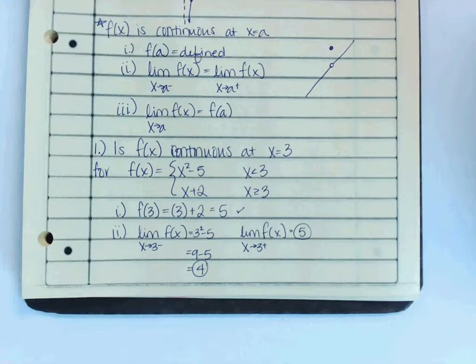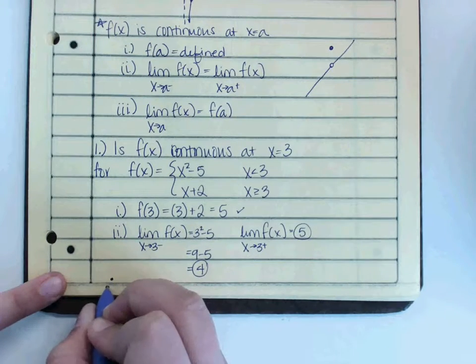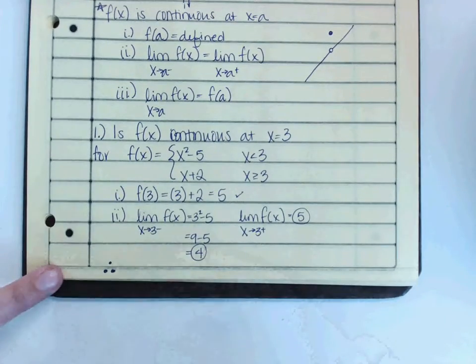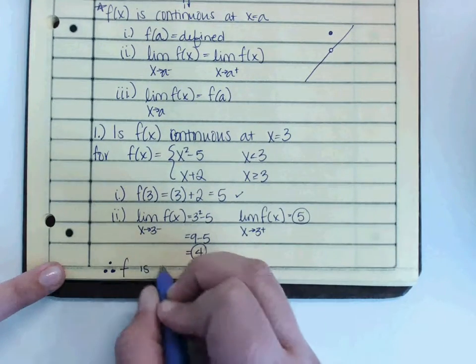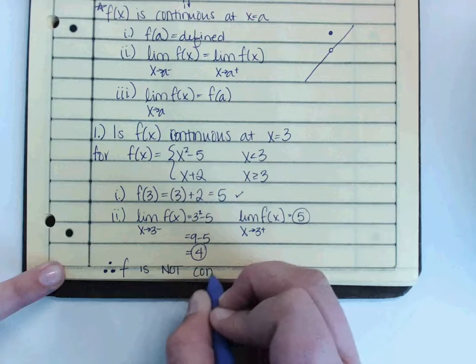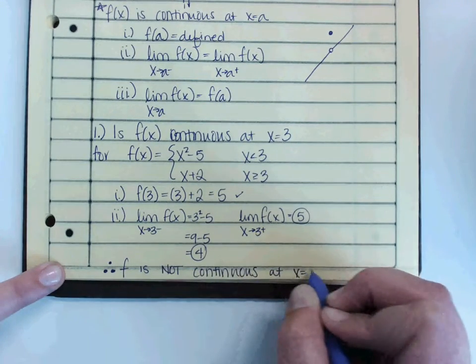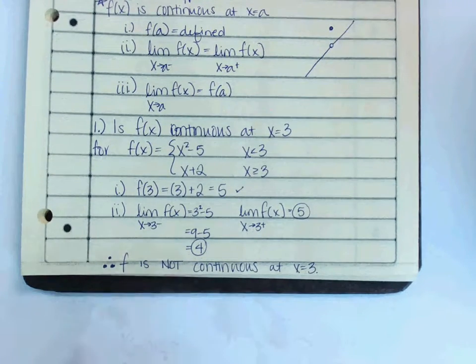Therefore, f is not continuous at x equals 3. In order for it to be continuous, all 3 conditions have to be true. So once I get to condition 2 and it's not true, I'm done. Answer's no. You check the y value, you check the limits, and they both have to match. We didn't get past there.